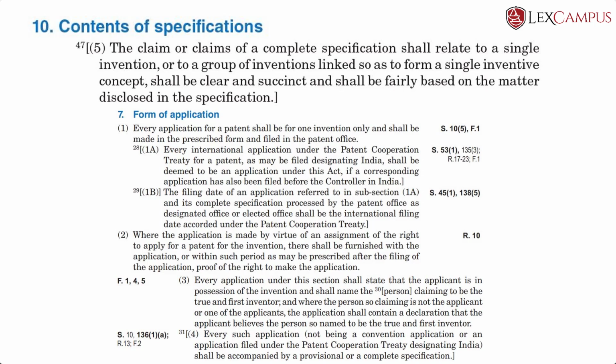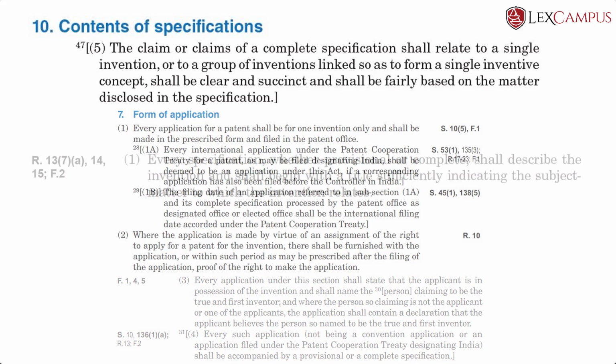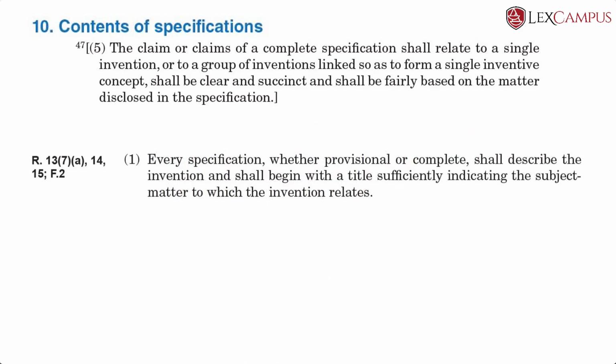If the applicant has not disclosed a part of the invention, then it would not be proper on him to claim it without making a disclosure, because as we have already seen in clauses A and B of section 10(1), the descriptive part has to be a full and particular description. It has to disclose the best method of working, the operation or use, and the method by which it is performed. All these things have to be described in the complete specification.